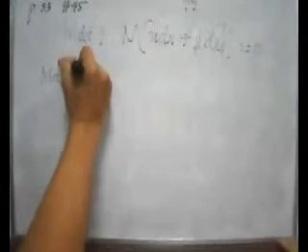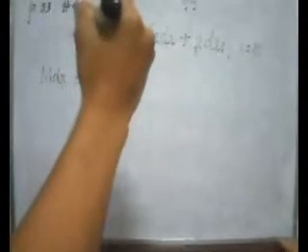By further simplification and manipulation, I should get M dx plus uN dx plus xN du equals 0.